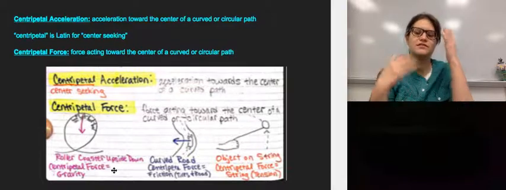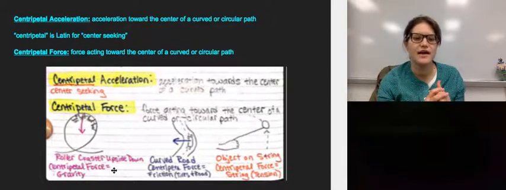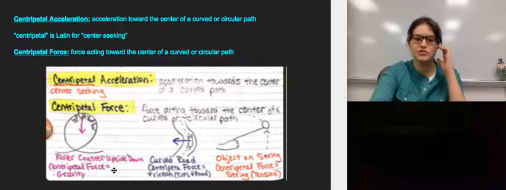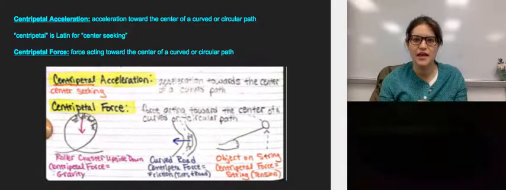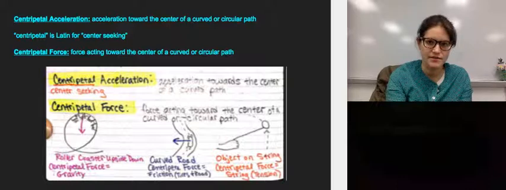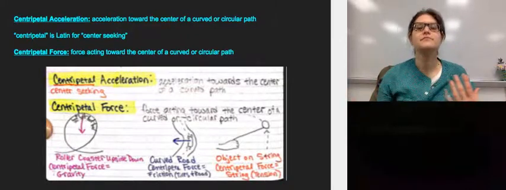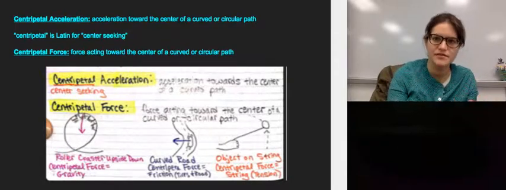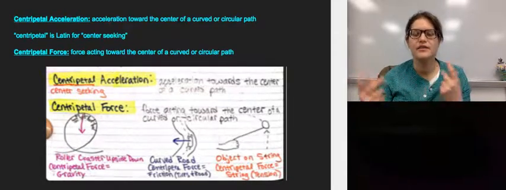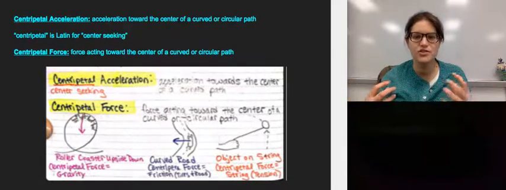These are just some more types of forces that cause different types of accelerations. Two forces that we discussed today were gravitational force, which is determined by the acceleration due to gravity, and centripetal force, which is determined by the centripetal acceleration.